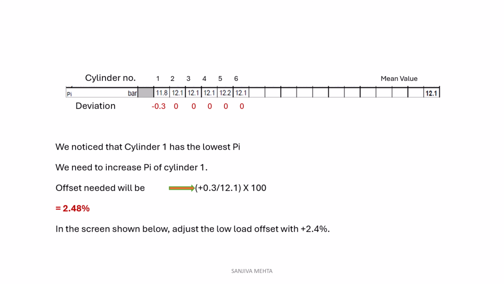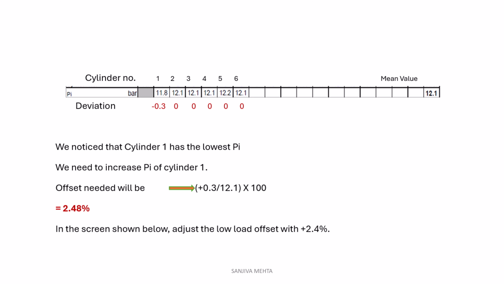So basically here all are within range of the mean value, but the maximum deviation is in number one unit, which is minus 0.3. If you want to adjust it, that means you have to increase PI of number one unit by 0.3 bars.